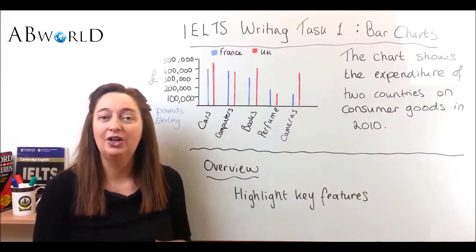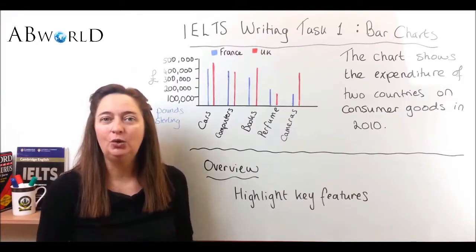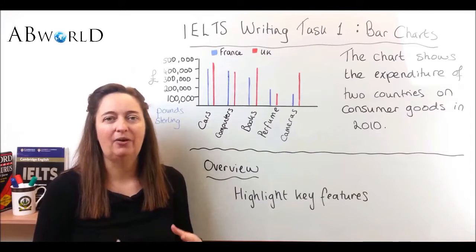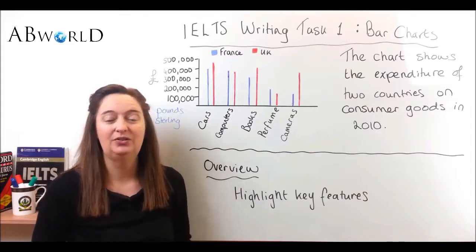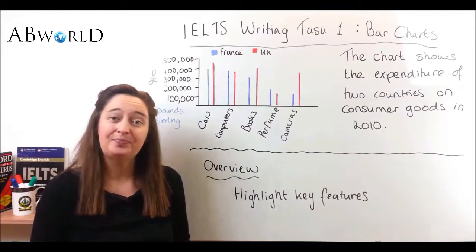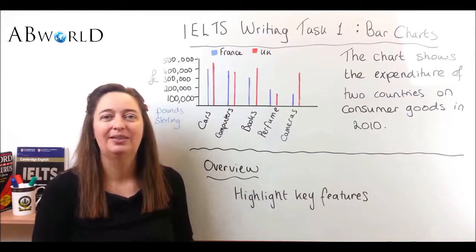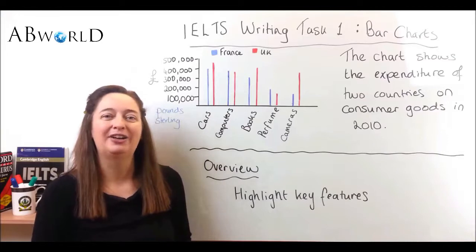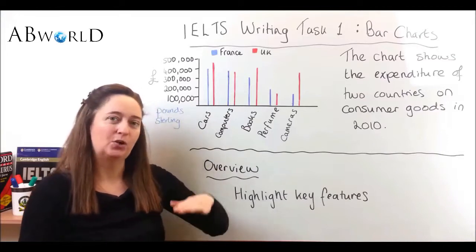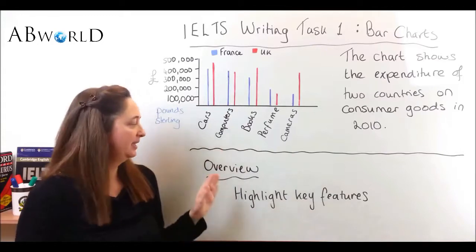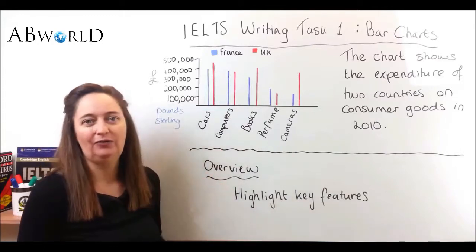If you have no overview, you will not get above band score 5 for task achievement. That's 25% of your marks. If you have an overview, that's band score 6. If you have a clear overview, that's band score 7. So your band score will go up depending on this overview.